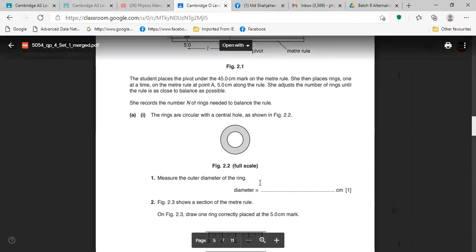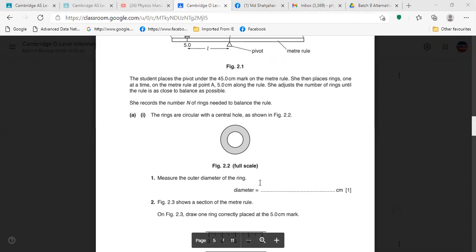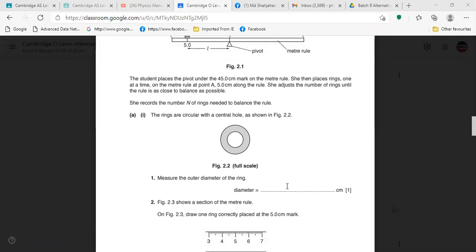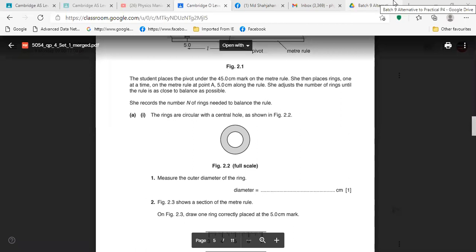Outer diameter of the ring. What is the outer diameter? One. Are you sure it is one? What about Ifas?